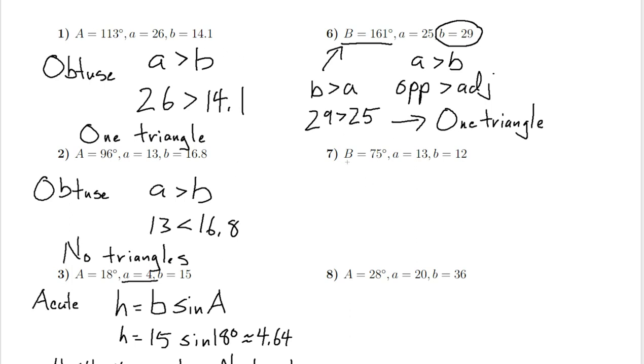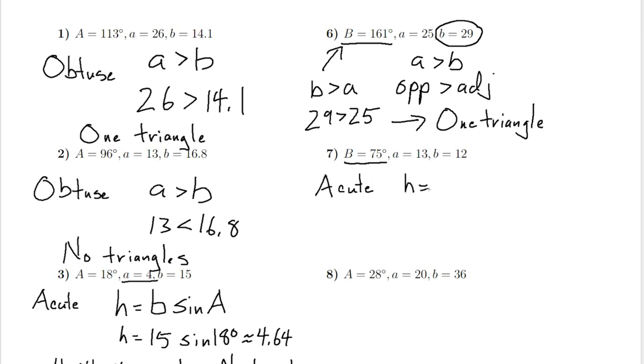Okay, so number 7, again, we have an angle that is B. And again, but in this case, we're going to have an acute angle. So our question here is, what's our height going to be?